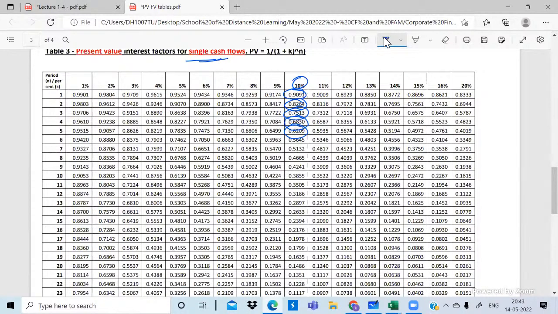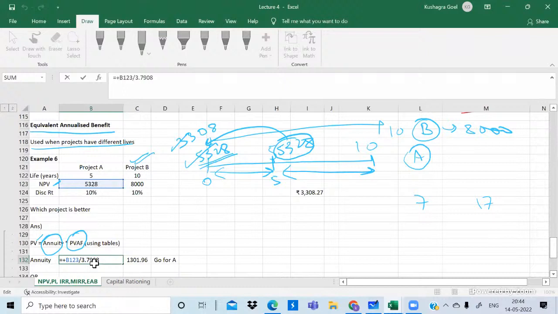If I add these 5 numbers, I'll get my present value annuity factor for 10% for 5 years. So add 0.909, 0.82, 0.75, 0.68, and 0.62. If you add them up, you'll get 3.7908.